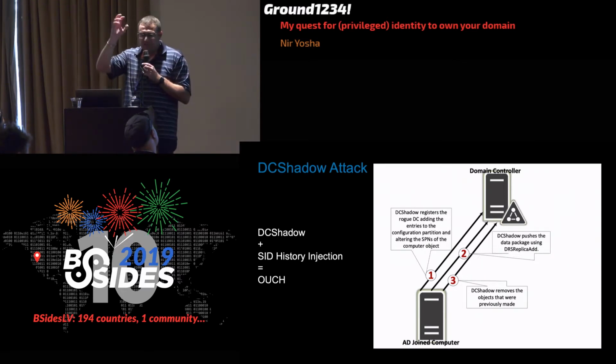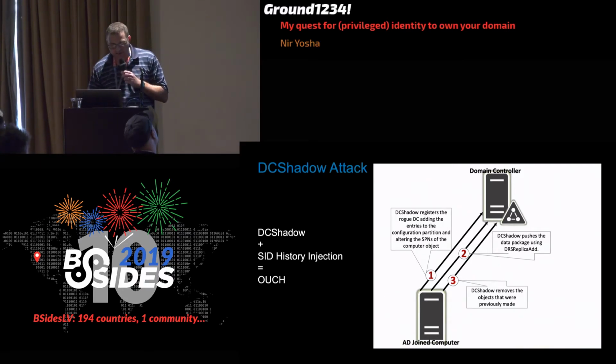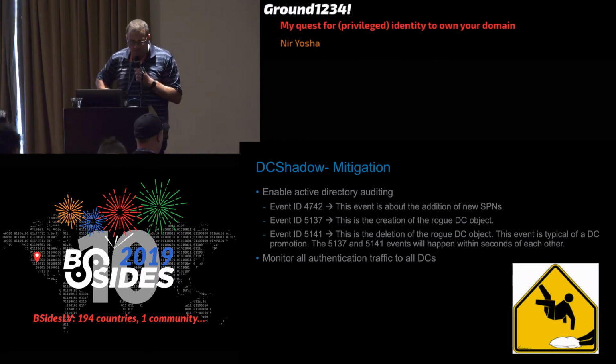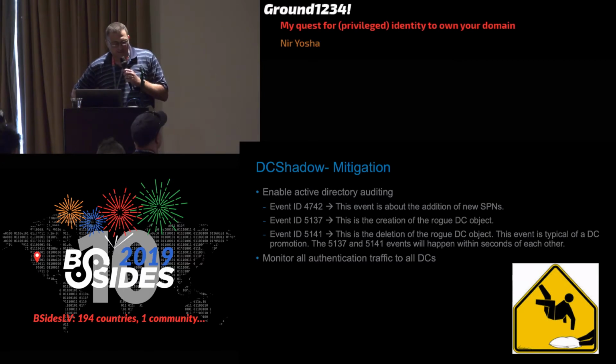So now we've inserted a backdoor, and that user can have high privileges and be used for escalation. As for mitigation, there's a list of events within Active Directory that will give you a hint that someone's trying to do DCShadow, and you can be aware of those, a very high fidelity level of detection. Alternatively, if you monitor all the traffic, you will be able to see those calls that push those requests.